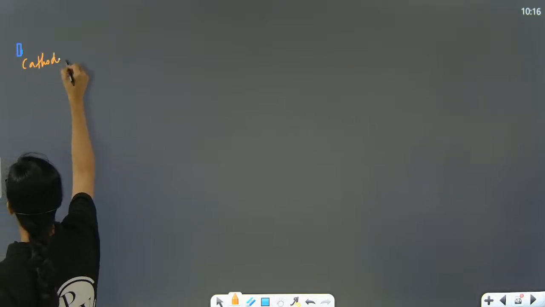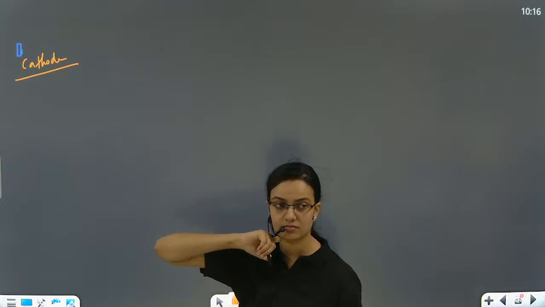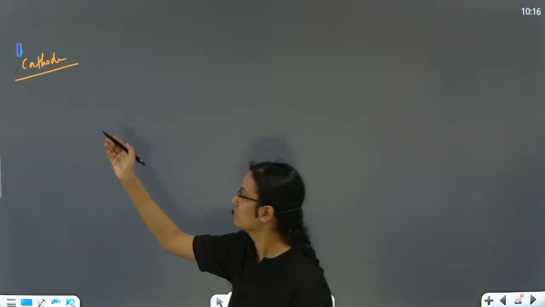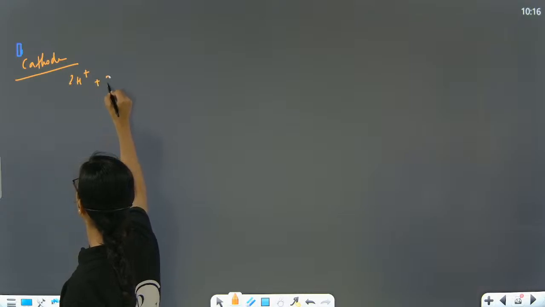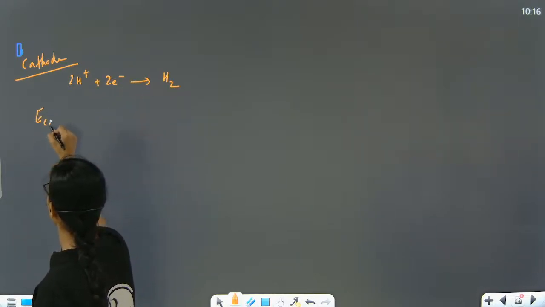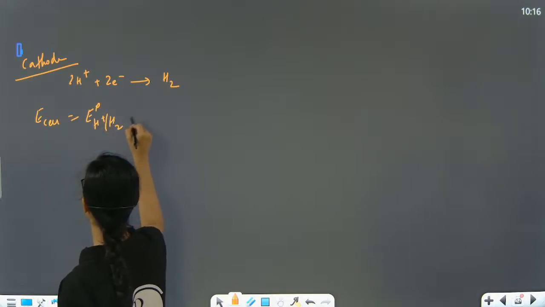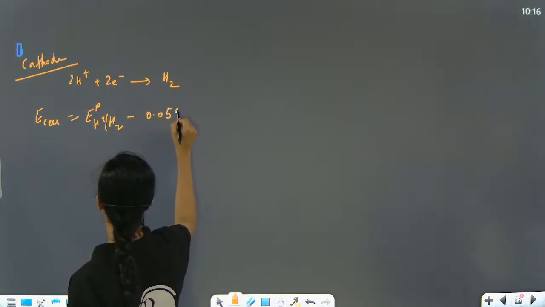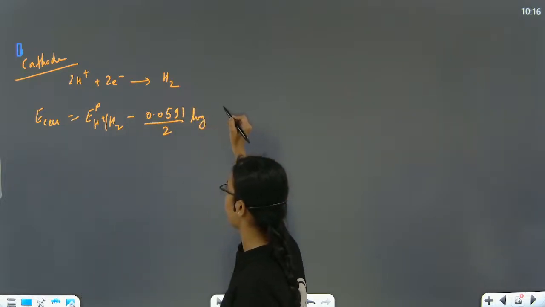If it is acting as cathode, reaction क्या होगा? 2H plus will give H2. E cell will be E naught of H plus to H2 minus log of pressure of H2.